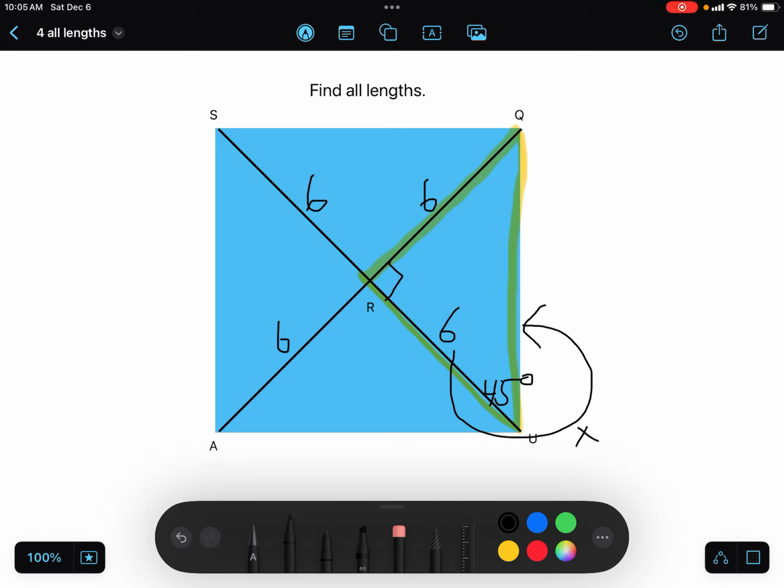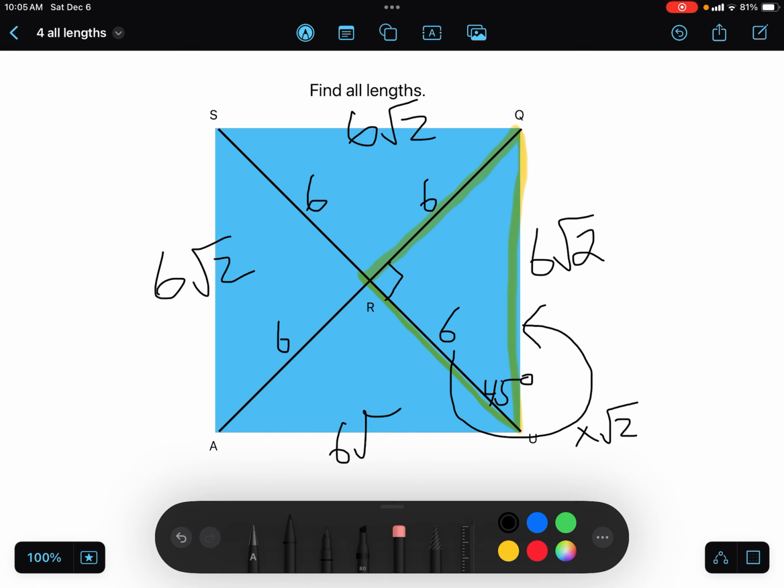So we're going to be multiplying this time by the square root of 2. So each side is going to be 6 times the square root of 2. So we started with very little information, but then because of what we know about squares, we were able to find the rest of the lengths in this square.